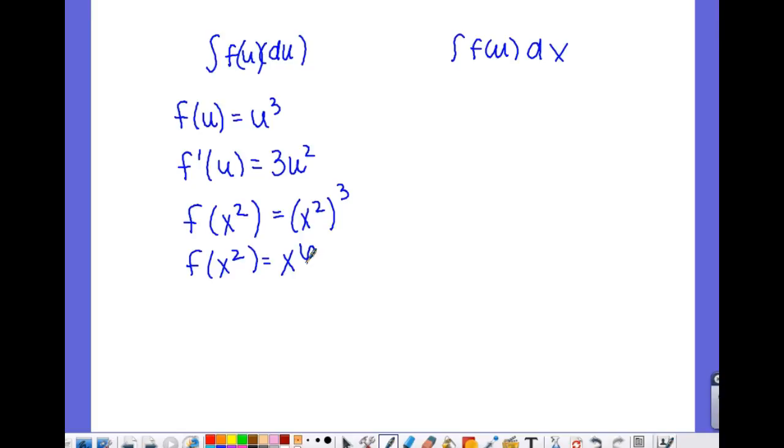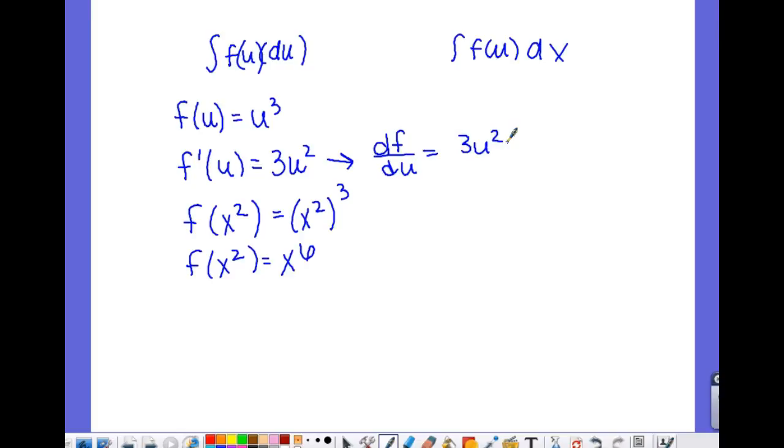Let's change our notation over here. When I differentiated this function f of u, it was like saying, in Leibniz notation, df du. So instead of saying f prime, I could have said df du.